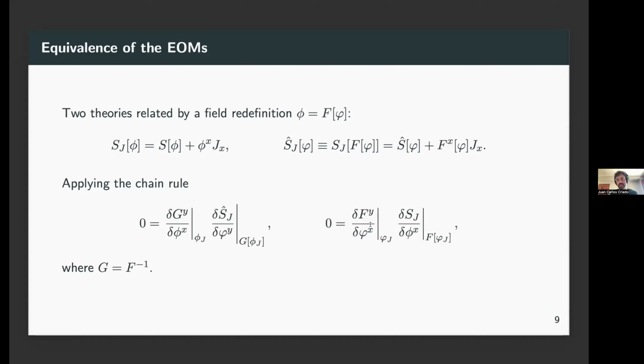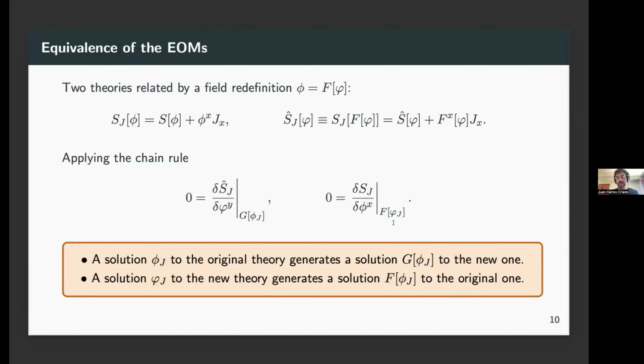And now, just because these operators are invertible, they are non-singular because we have an interpolating field, I can essentially cancel these things, and I end up with these two equations, which have changed signs.